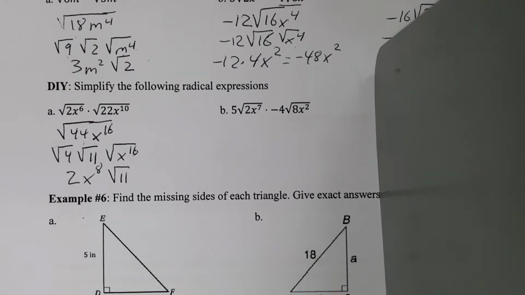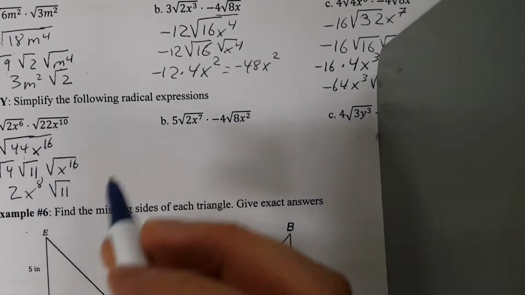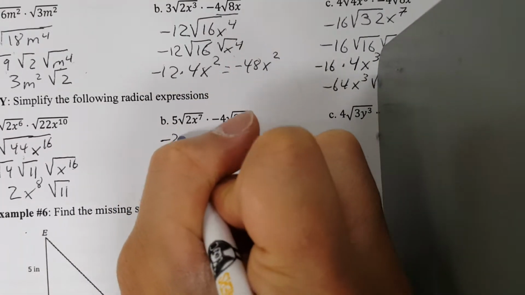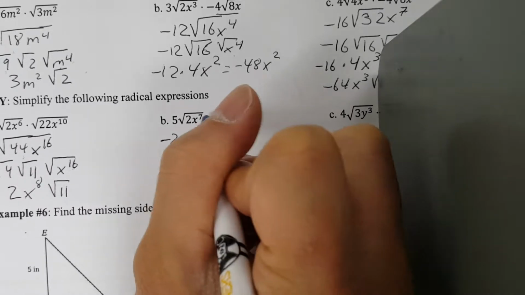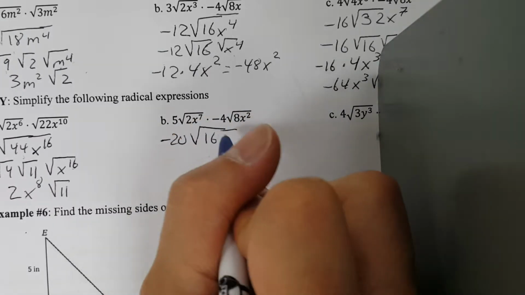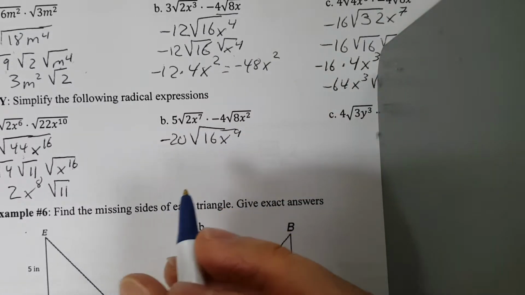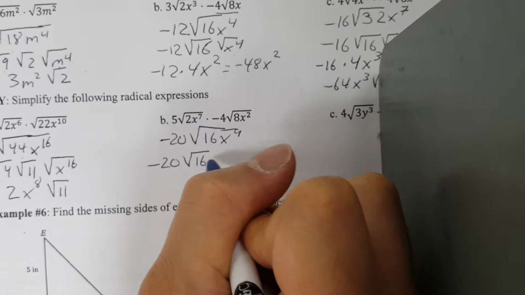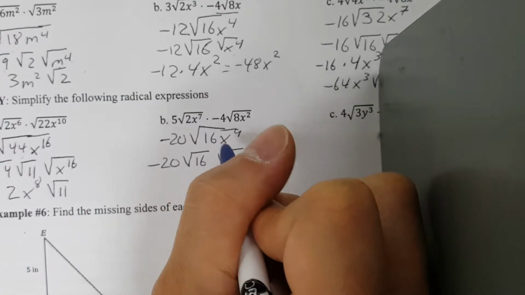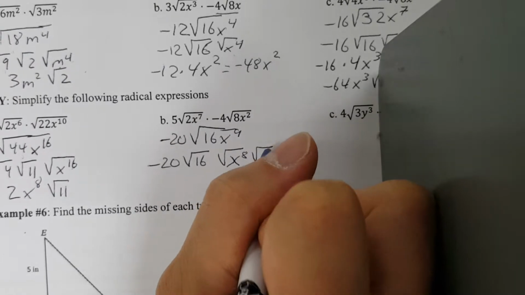Letter B, I multiply 5 times negative 4, that's negative 20. 2 times 8 is 16. And then x to the 7 times x squared is x to the 9th. So now I could separate this into negative 20, radical 16, radical x to the 8th, radical x.